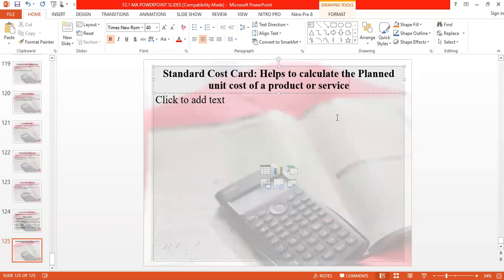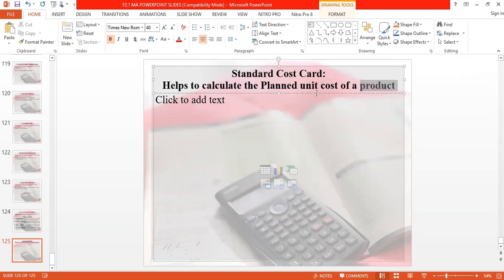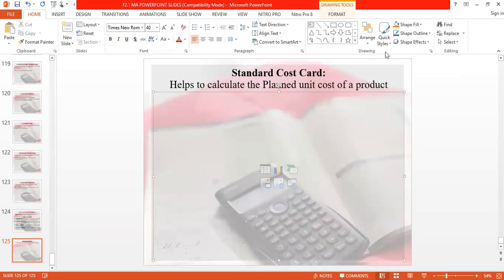Let me just talk of a product. It helps to calculate the planned unit cost of a product.